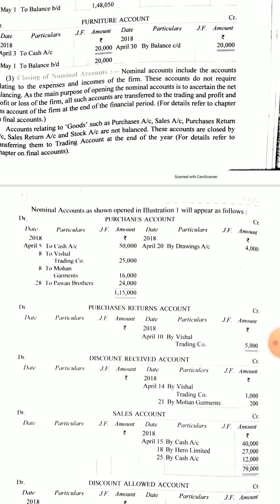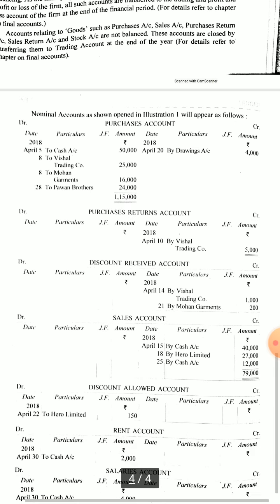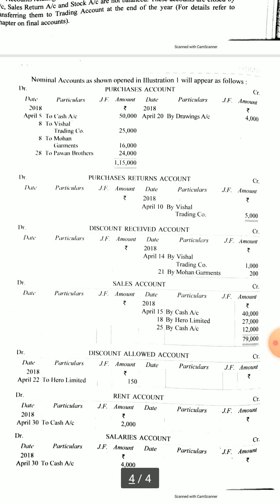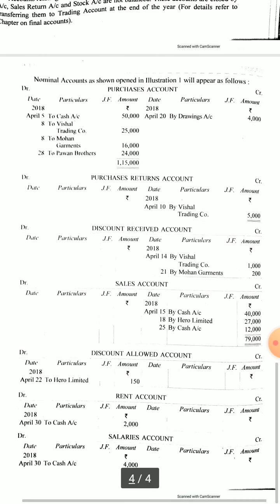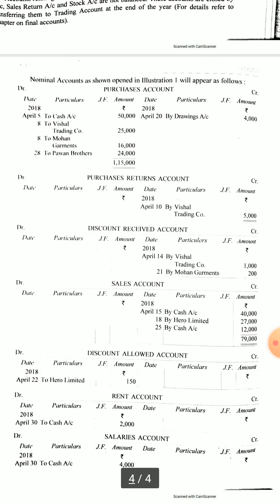Like the purchases account, all the purchases debit will be transferred to the trading account, and all the purchases written will be subtracted from the purchase account. So in this way all these nominal accounts are closed. That means there is no balancing. Since salary is 4,000 and there will be no credit item. In rent also there will be no credit item, because all these are expenses only. So in this way nominal account closing is done, and when we get the balances at last, that is transferred to the trial balance.